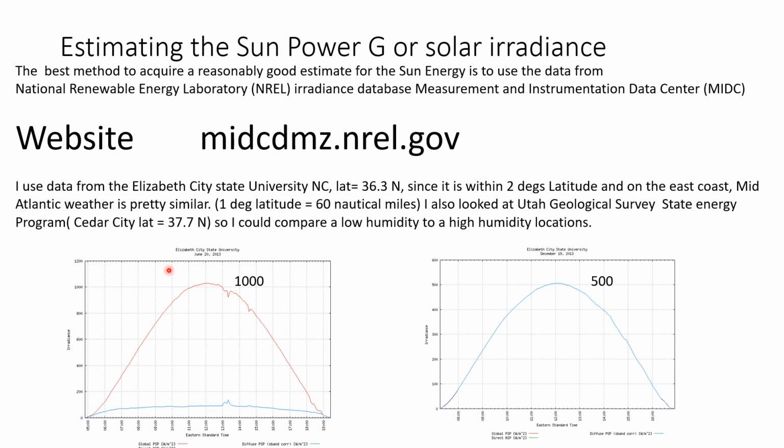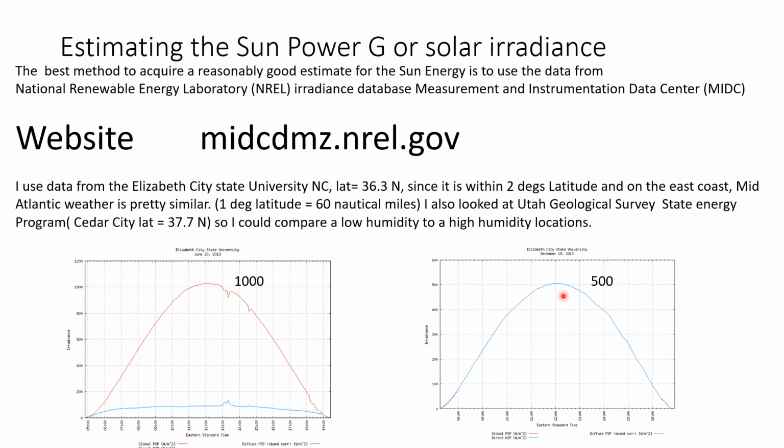All right, Elizabeth City is a town, university, 2 degrees south latitude from me, and using historical data, they've already had these plots printed out and ready to use. This peak is for June, or the summer solstice, and it's showing that I should expect 1,000 watts per meter squared plus a little bit.